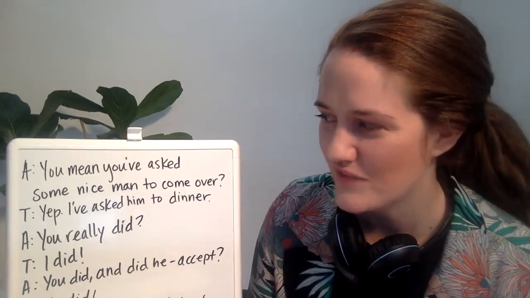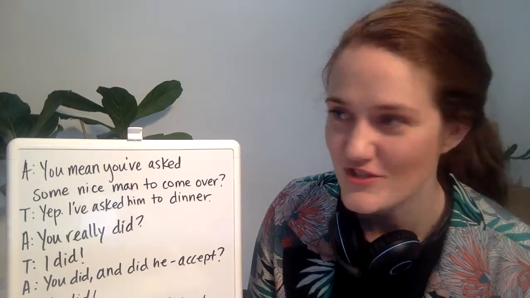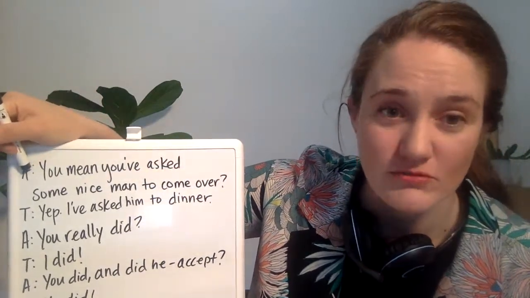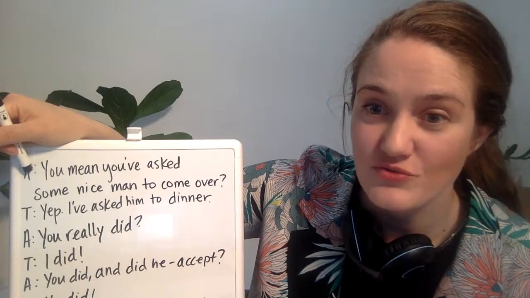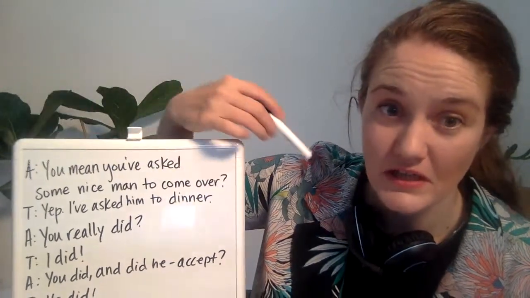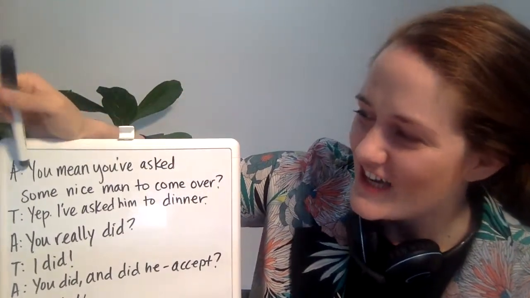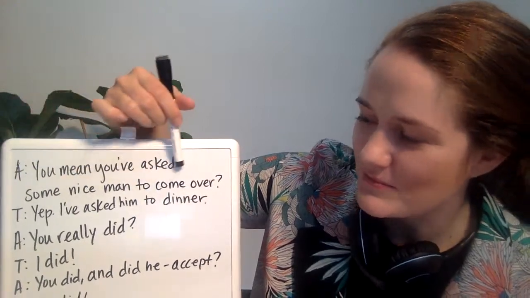You mean you've asked some nice man to come over? Okay, so A is for Amanda, and Amanda is single, so she's not married. That's how you say I'm not married, is single. Now, me, I am married, so I would just say I'm married. Okay, you mean you've asked some nice man to come over.